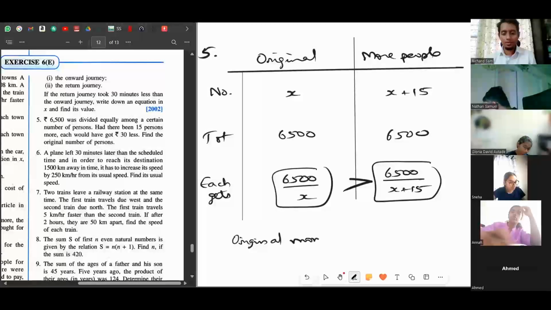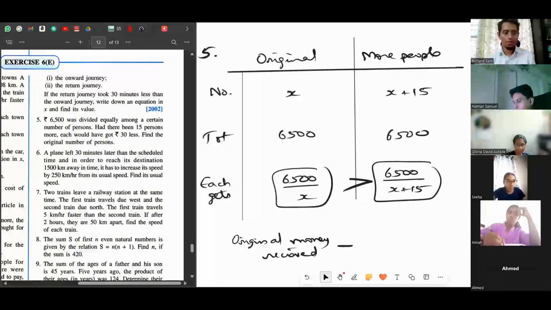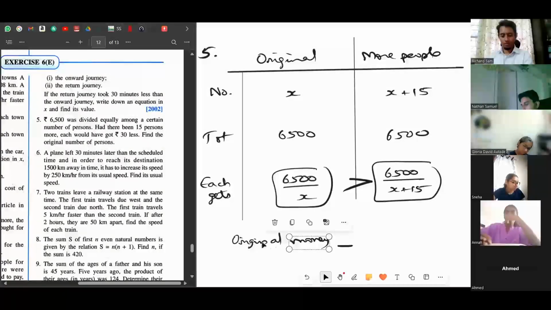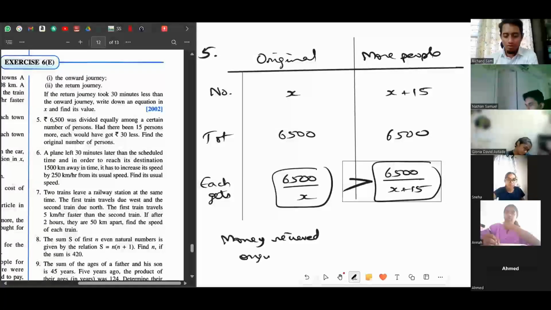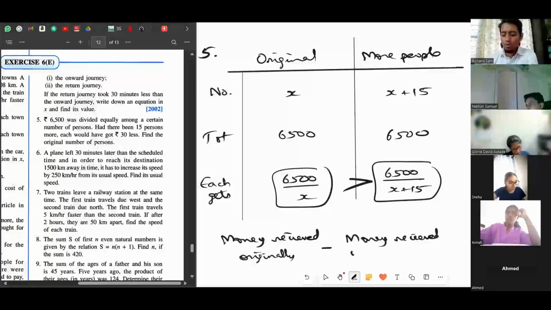Money received originally minus money received when more people is equal to rupees 30.